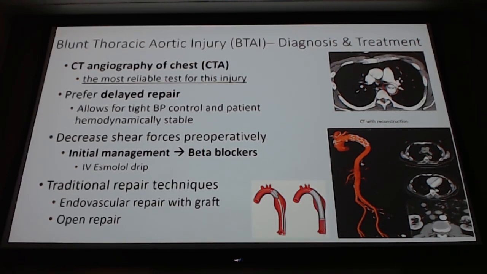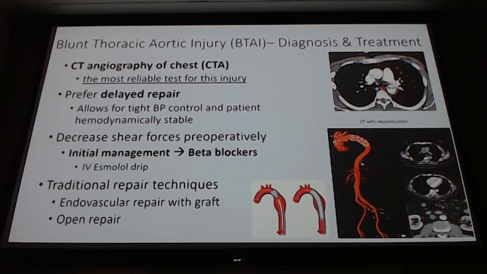Okay. So for these, we're still going to do a chest x-ray, but we really want to try to do a CT if we can. Okay, CTA, this is the most reliable test. Unfortunately, we really want to delay repair. Okay, we really want to have very tight control if we can, right? If they get to us and they're still alive, that means their outside layer of their vessel is going to hold for a little bit.